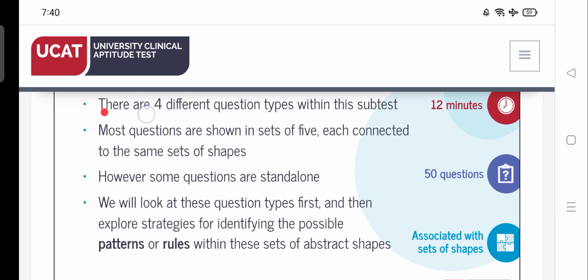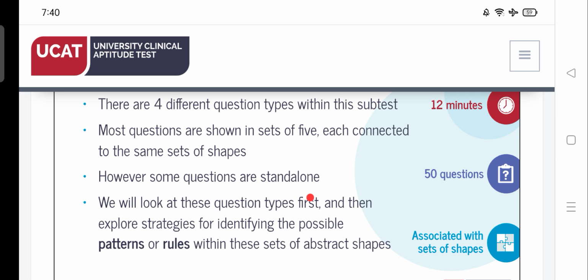There are 4 different question types with this subtest. Most questions are shown in sets of 5, each connected to the same sets of shapes. However, some questions are stand alone.